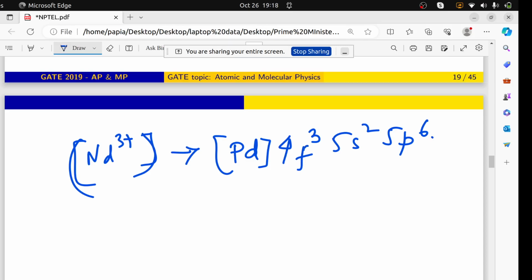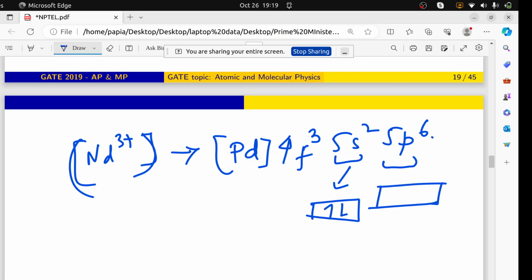First of all, you can see here the outermost shell is 5s and 5p, and 5s is fully filled. And this is also fully filled. 6 electrons at most can be put here for the p orbital, and 2 electrons for the s orbital.